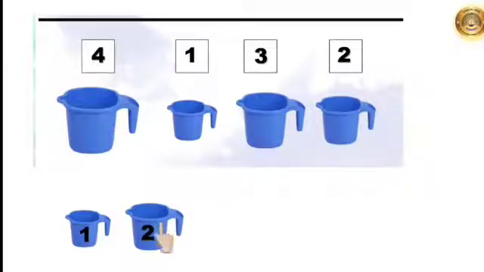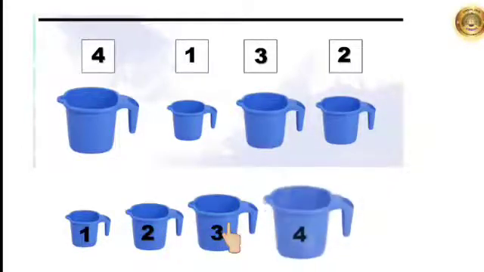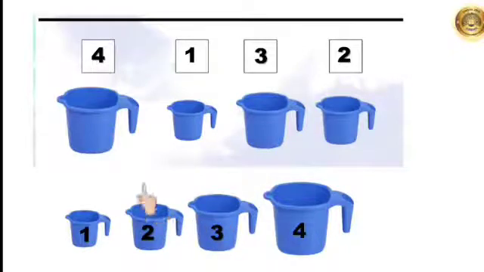After that we will take the third number mug, that is a little bigger than the second one. And the last one, that is the biggest one, that is a little bigger than the third one. Like this, arranging numbers from smallest to biggest is called ascending order.